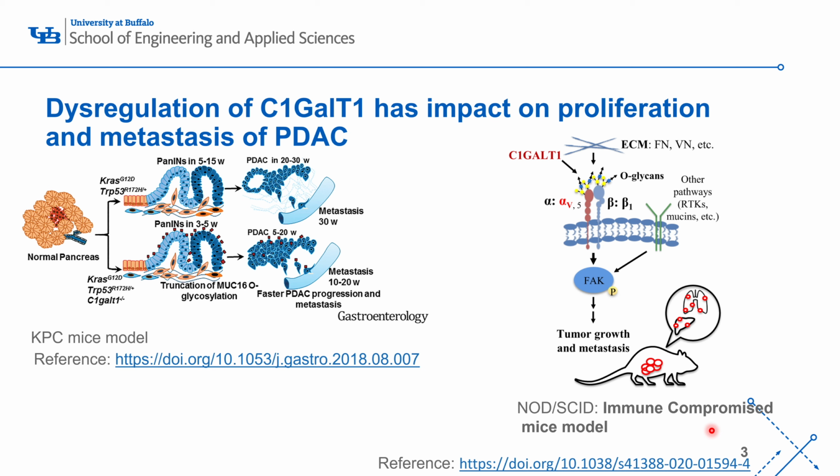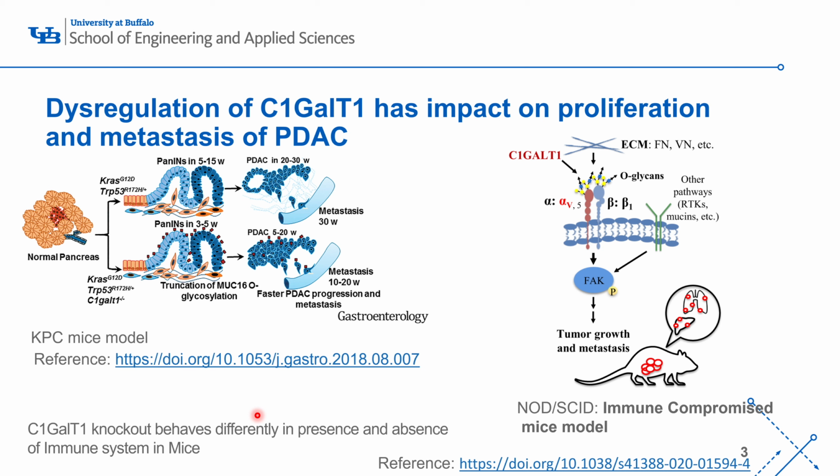So from these two studies we get an idea that C1GALT1 behaves differently in the presence and absence of the immune system in mice, or we can say that it is important to have proper regulation of these glycogenes. Otherwise, dysregulation of glycogenes will cause uncontrolled growth, and that might lead to the development of cancers.